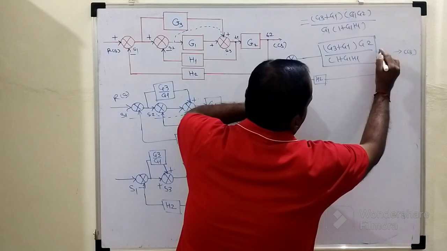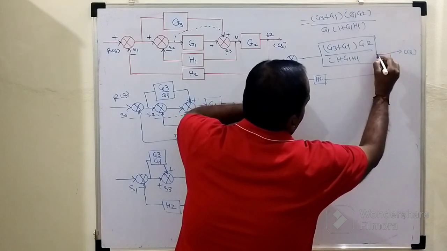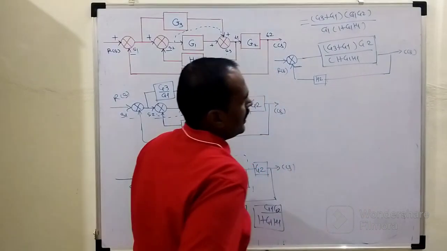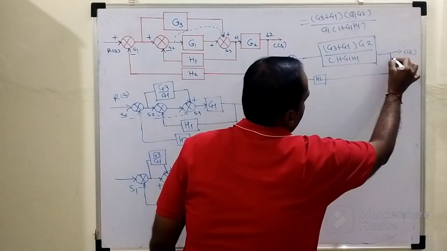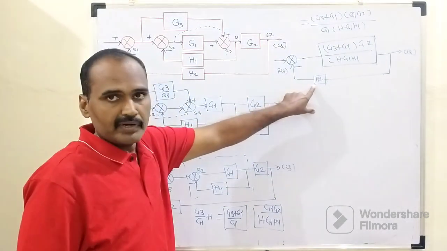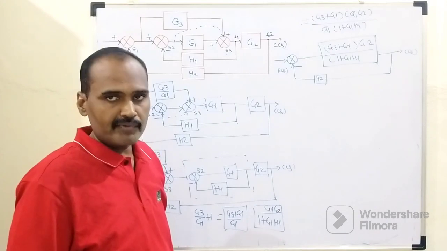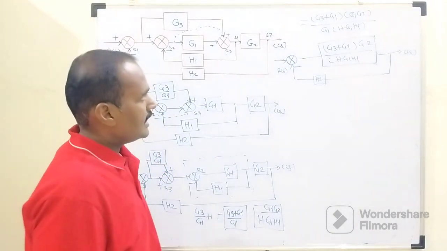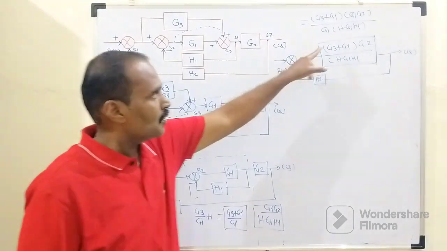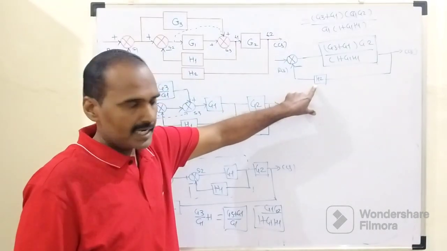So like this, the whole control system is replaced with one forward path and one feedback path along with the summing point number 1, right? In that last step, as you can see, this whole quantity can be considered as G, and this is the feedback element.